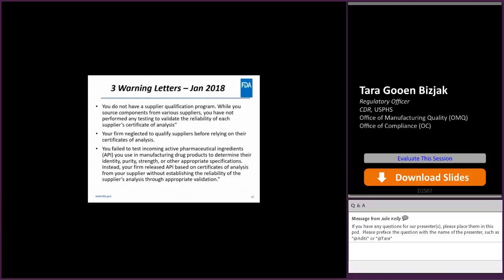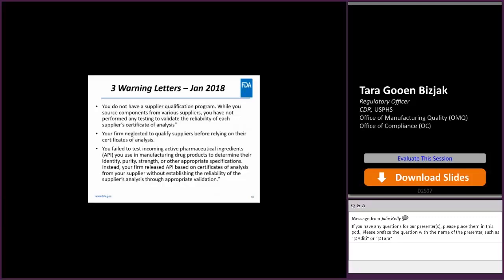Your firm neglected to qualify suppliers before relying on their certificates of analysis, and failed to test incoming APIs for use in drug products, and released the API based on the certificate of analysis without verifying the reliability of the analysis.